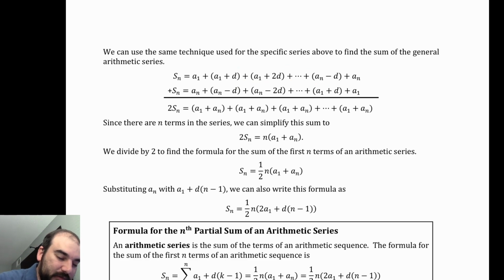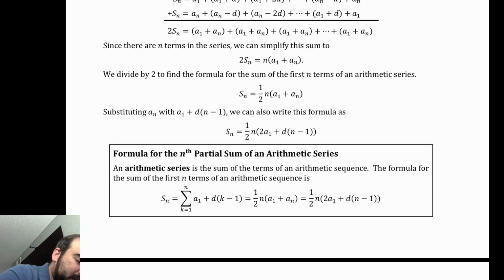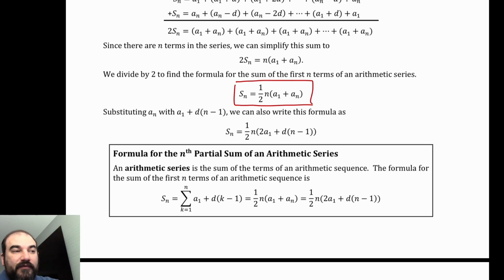And then in general terms, we get this formula here, which gives us a way of calculating the sum of the first n terms of an arithmetic series.